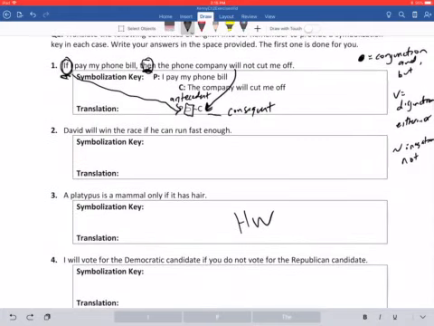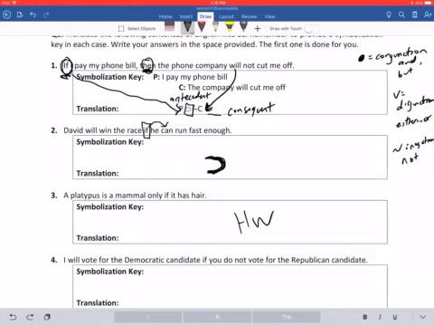Now, number 2 is homework, or can be, but let me just make this point because it's important. In number 2, the sentence says David will win the race if he can run fast enough, all right? Now, the if part here comes second in the English sentence, right? But it doesn't matter because whatever comes after the if is always going to be the thing that comes before the horseshoe, okay?